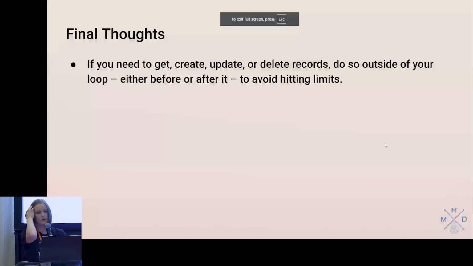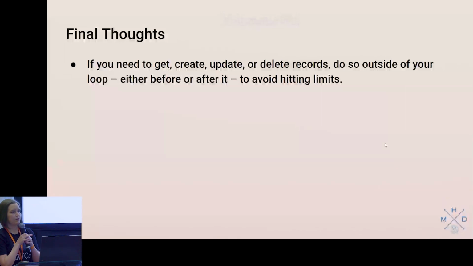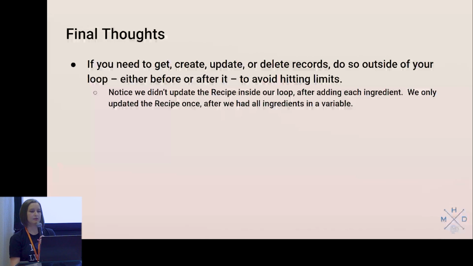Text-heavy slide, I promise. If you need to get, create, update, or delete records, you never want to do that inside of a loop. Salesforce will tell you that's bad practice, which means a million things. The reason is you can easily hit what's called DML limits. That's why we didn't run an update on the recipe inside our loop.